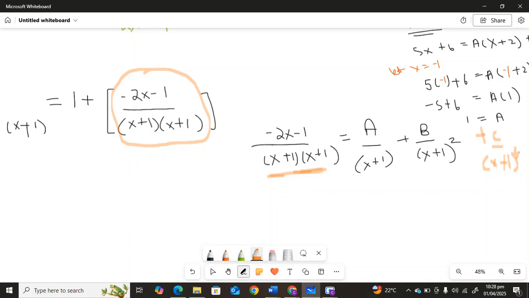If there were four of them, you add D over x plus 1 to the power 4. So please remember that point. In the previous example, we didn't have repeated linear factors like this one here.